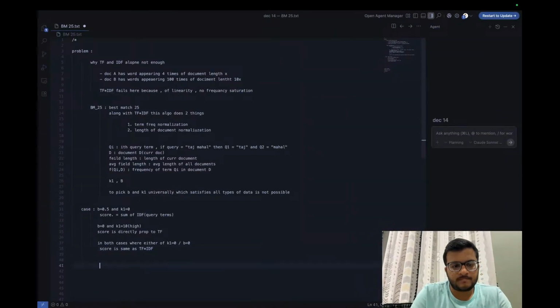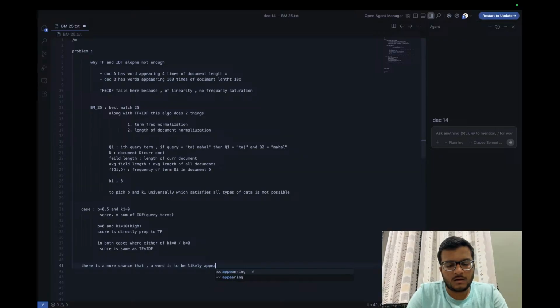So yeah, this is a good point, right? There is more chance that a word is likely to appear more frequently if doc size is more.